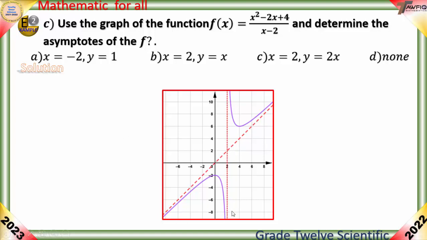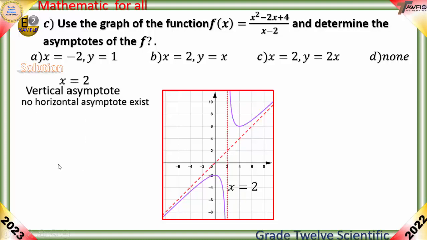The vertical asymptote is at x equal to 2. So x equal to 2 is the vertical asymptote. There isn't any horizontal asymptote, but we have a slant asymptote.